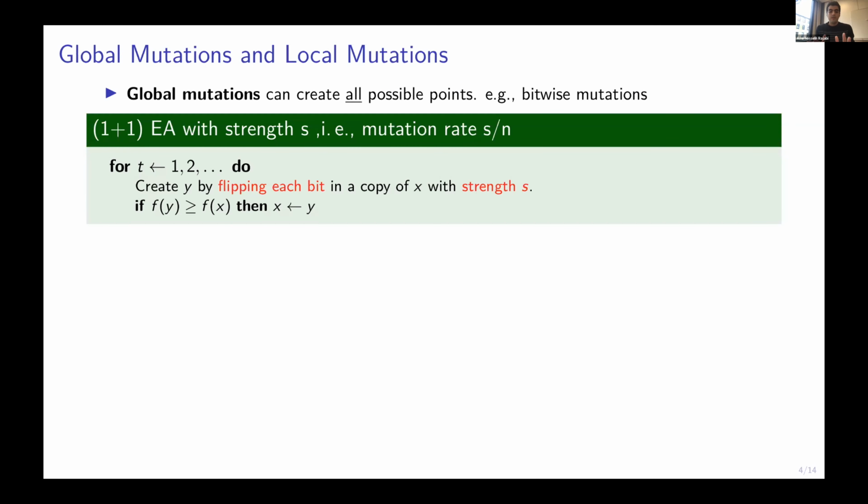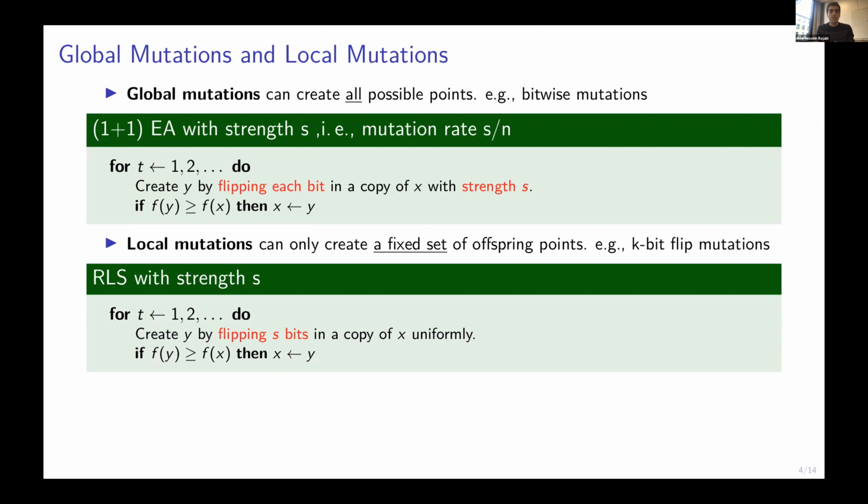Okay, so there are two types of mutations, global mutations and local mutations. In global mutations, in one step, any point in the search space is accessible. For example, the mutation that we have in the classical 1 plus 1 EA, which flips each bit with probability s over n, the mutation rate s over n, there is a chance to see any search point in the search space in only one step.